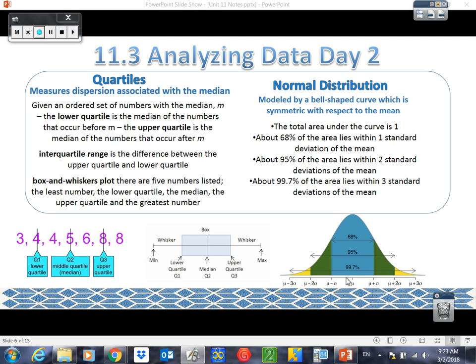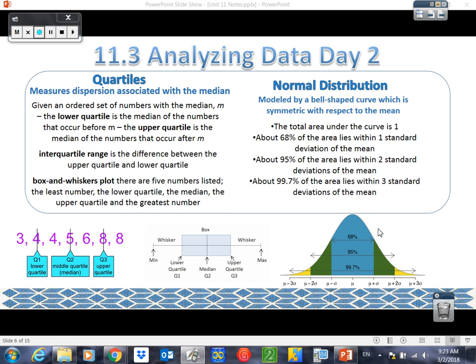What this is telling us, this is one standard deviation, and this is a sigma. You can't really read it, but there's a little tail on there. So the mean minus sigma, this is saying we are one standard deviation from the mean on either side. When we are one standard deviation from the mean on either side, that accounts for 68% of the data.